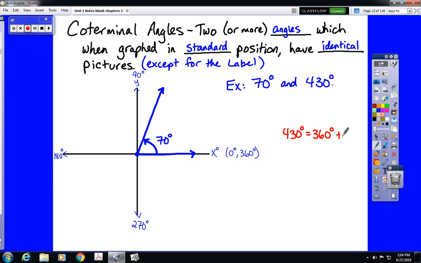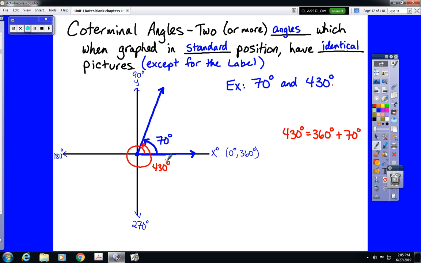So the only difference between our 70-degree picture and our 430-degree picture would be that we would have a label that showed a full rotation, and it would end at exactly the same place. So 430 degrees would be the exact same picture.